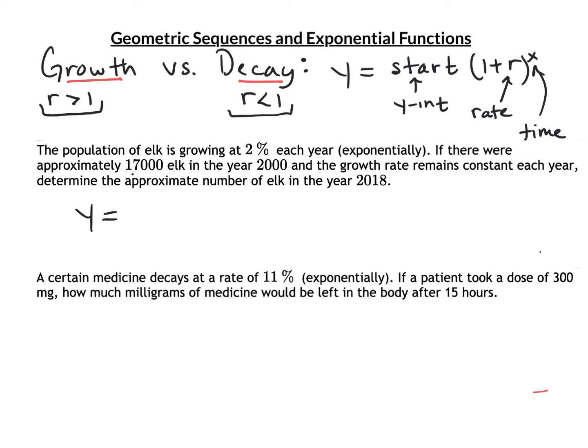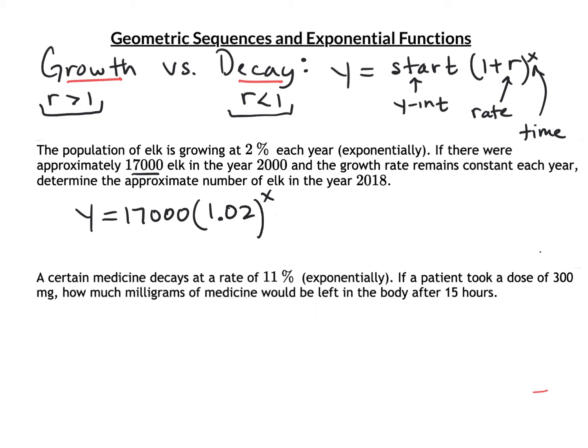We're starting with 17,000 times 1 plus the rate, and it's growing at 2%. You have to understand that 2% is 0.02. Move the decimal 2 places. 1 plus 0.02 is 1.02 to the power of x, where x is time.